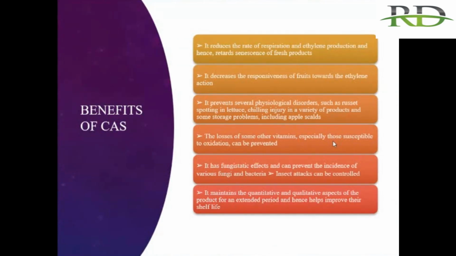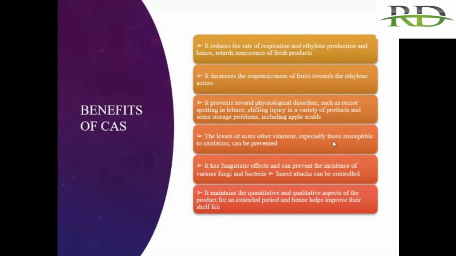And the benefit of controlled atmospheric storage is that it reduces the rate of respiration and ethylene production and hence retards senescence of fresh products. The responsiveness of fruits towards ethylene action decreases. Several physiological disorders such as russet spotting in lettuce, chilling injury in a variety of products, and some storage problems are prevented.